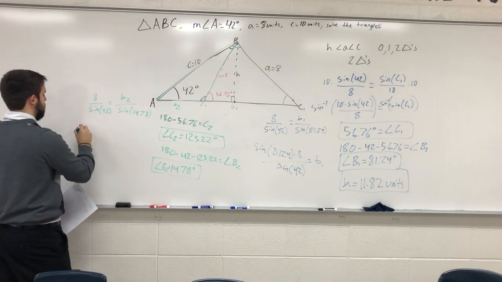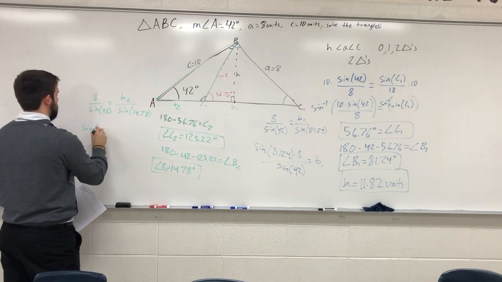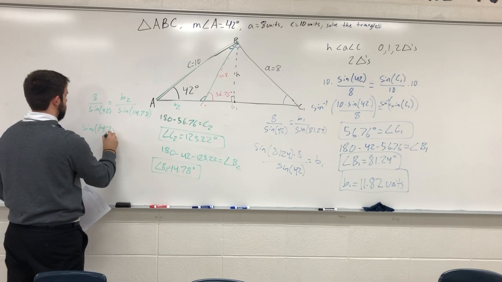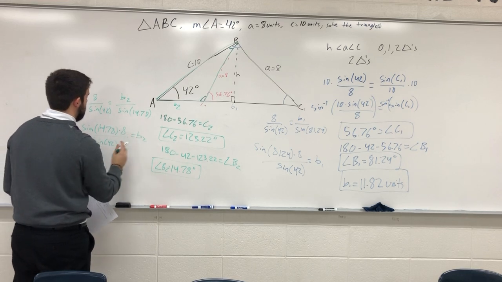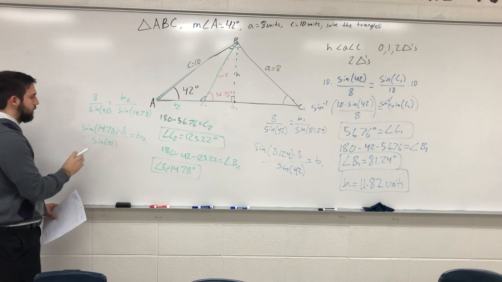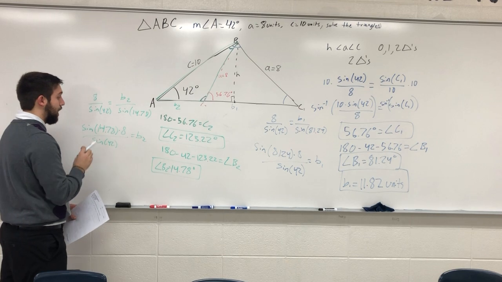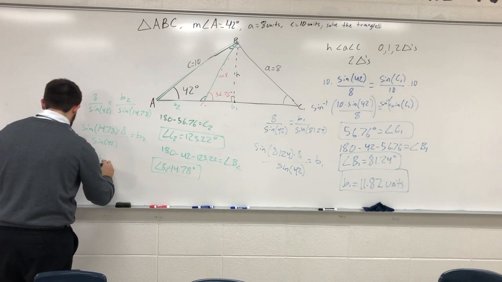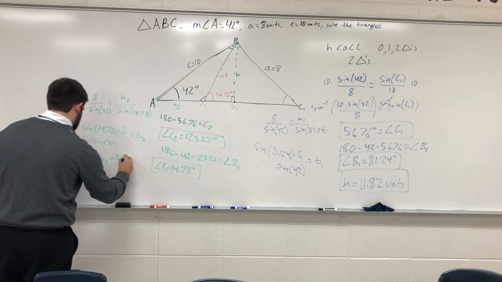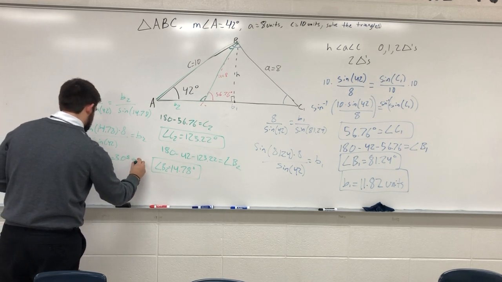Multiply both sides by sine of 14.78, divide by sine of 42. I'm going to plug that directly into my calculator. Sine of 14.78 times 8 divided by sine of 42 to get B2 equals 3.05 units.